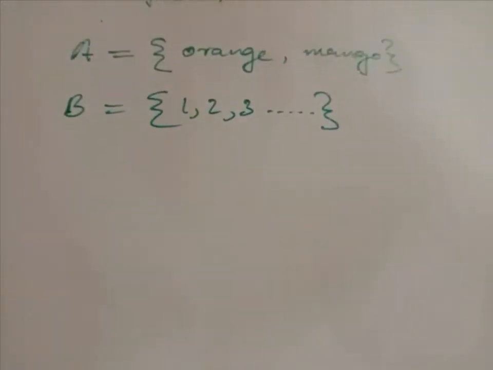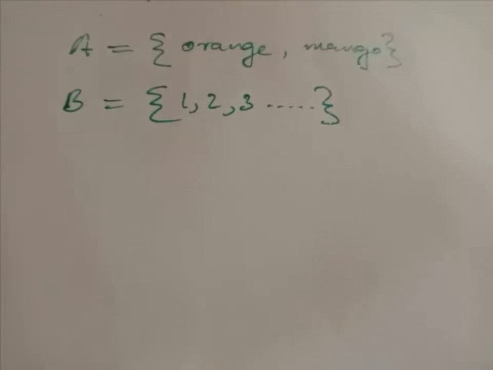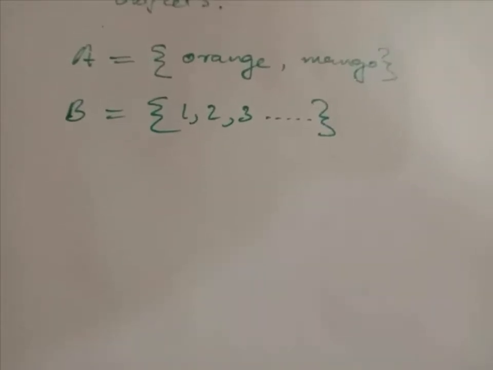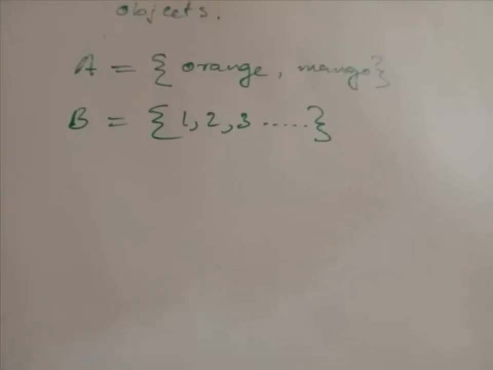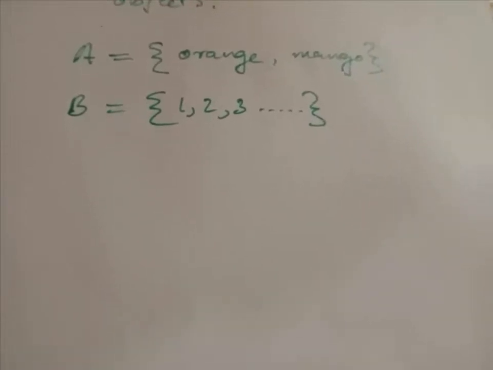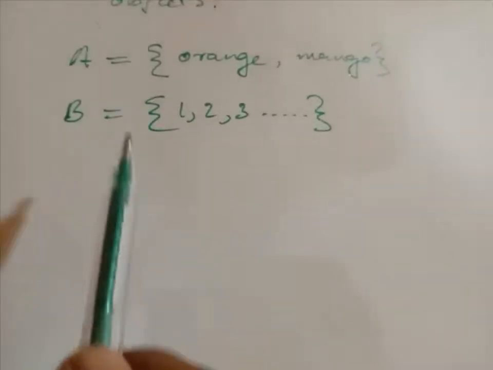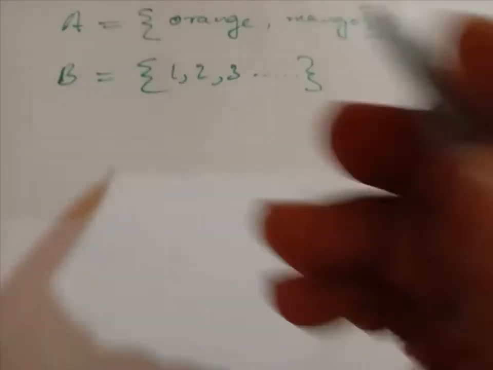So set B contains the elements 1, 2, 3, and so on. So B is the set of the natural numbers. This set can also be represented in another format like this. Start a curly bracket.